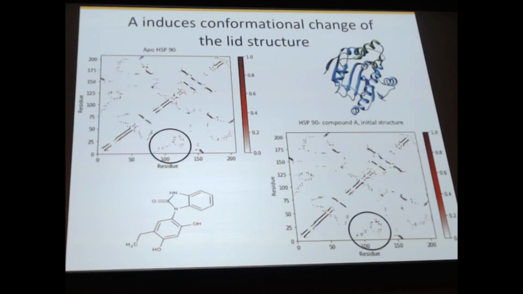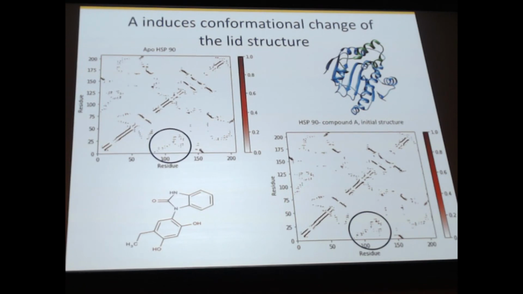So the starting crystal structure of these complexes adopts a closed conformation, and this can be validated by these contact maps. Here I'm showing the residue-residue contacts of the APO-HSP90, and here are the residue-residue contacts of HSP90 complexed with compound A. These two contact maps are almost the same, with a different pattern at this level, corresponding to residues 94 to 125, which correspond to the lid structure of HSP90.